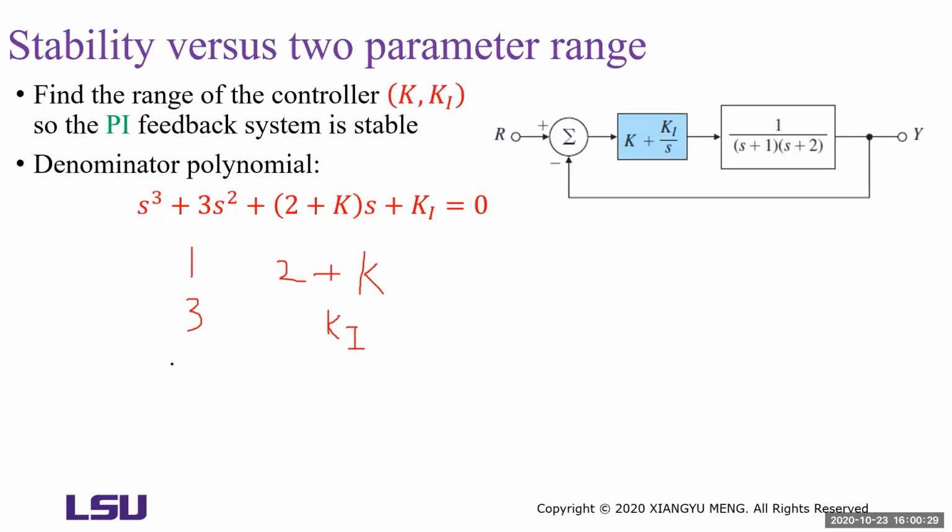Are you finished? I don't know if it's right. What's this element? 6 plus 3K minus Ki with 3. Yes. What's here? I got 4Ki plus 3Ki.